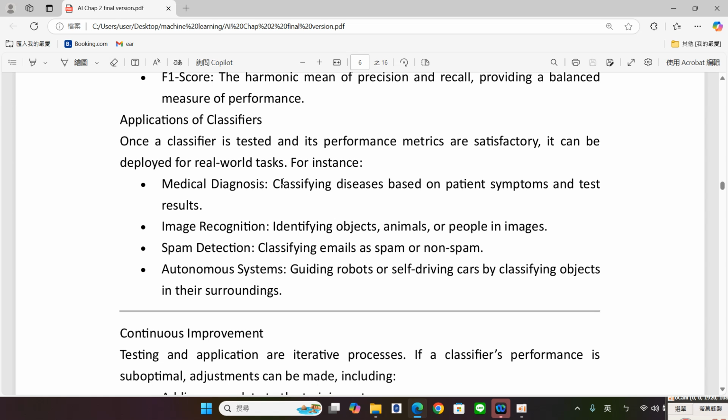Image recognition, identifying objects, animals, or people in images. Spam detection, classifying emails as spam or non-spam. Autonomous systems, guiding a robot or self-driving car by classifying objects in their surroundings.